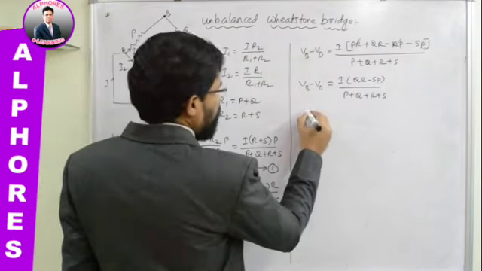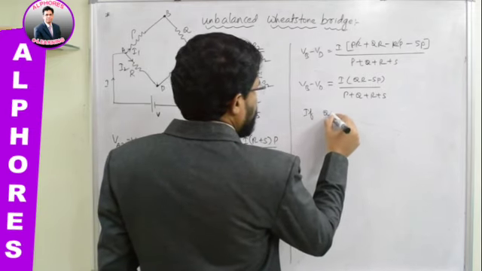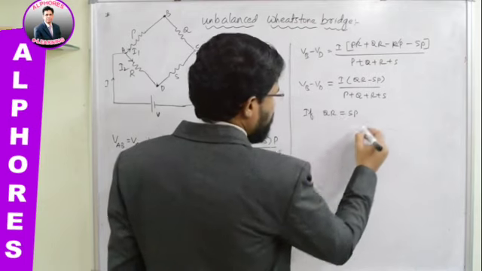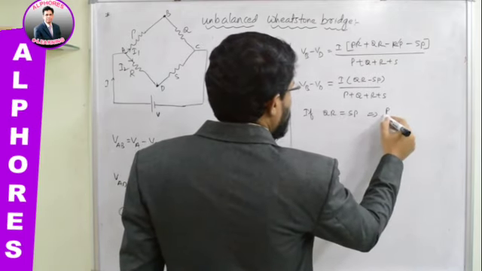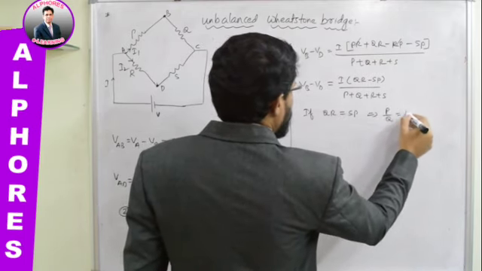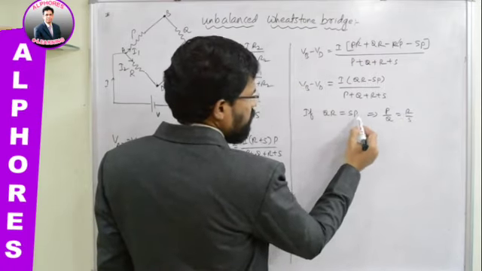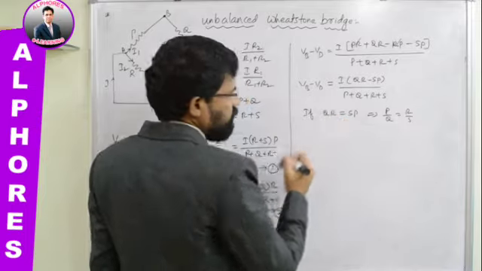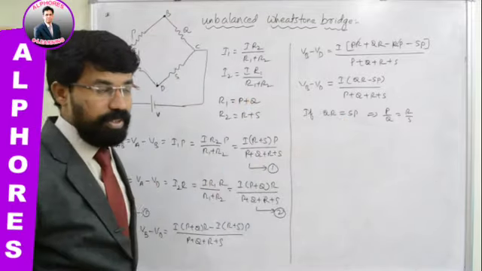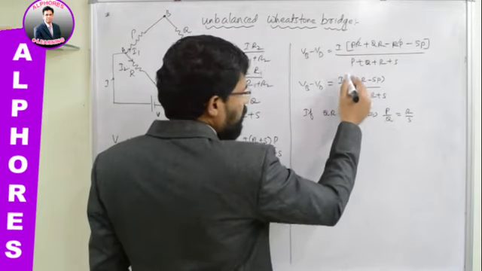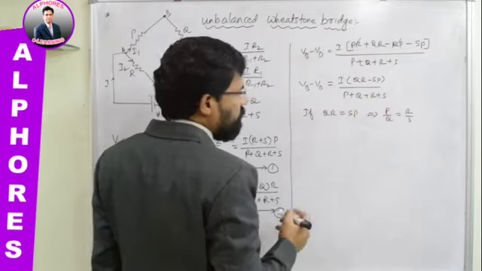For example, if QR is equal to SP, that implies P by Q is equal to R by S, isn't it? So if you have QR equal to SP, both these terms get cancelled, and on the RHS what are you left with? You are left with 0.